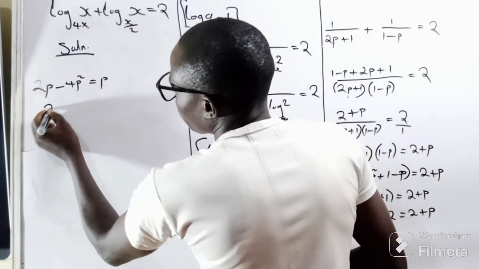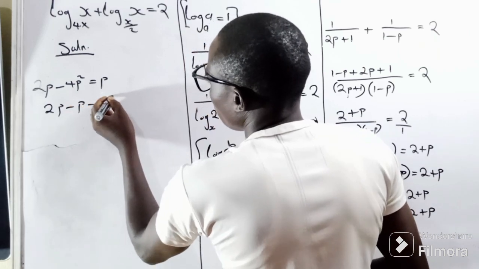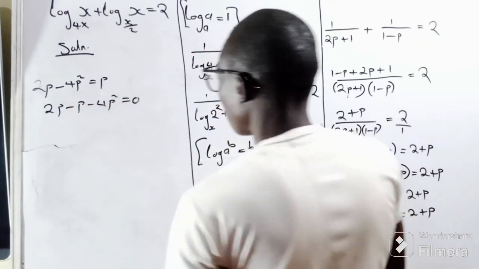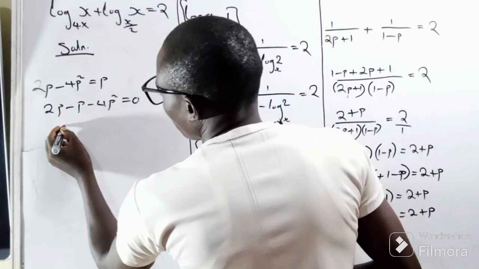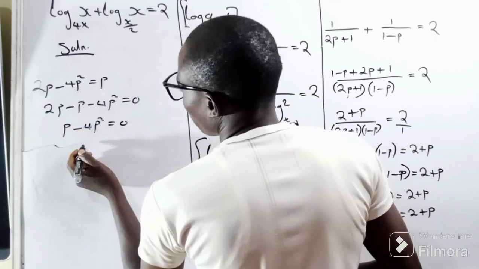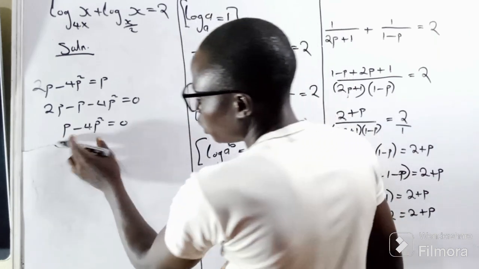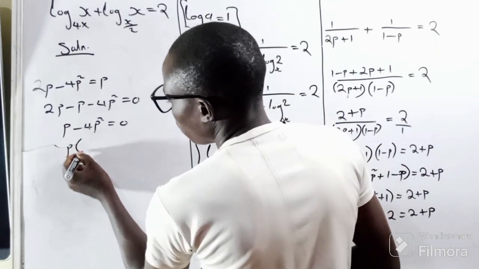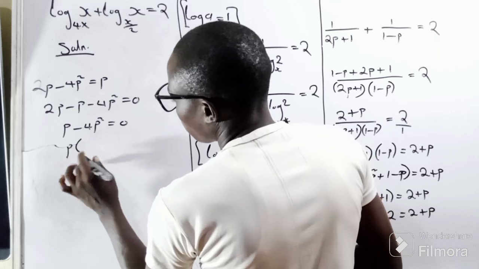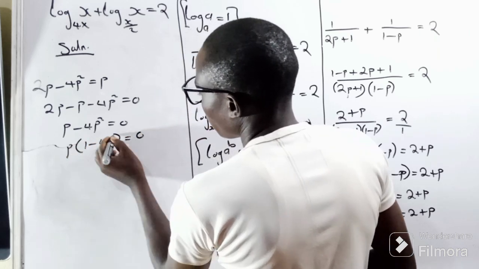So I will have 2p minus 4p squared is equal to 0. 2p minus p remains p, minus 4p squared is equal to 0. So I can see that p is appearing 2 times, so I need to factor p out. Then I will have 1 minus 4p to be equal to 0.